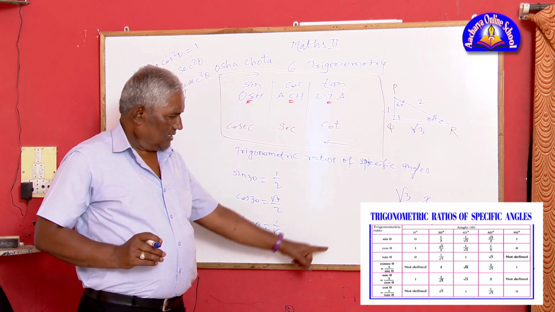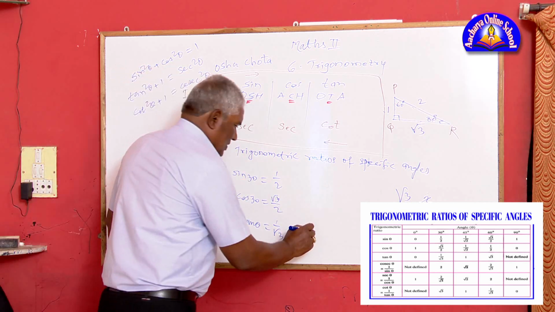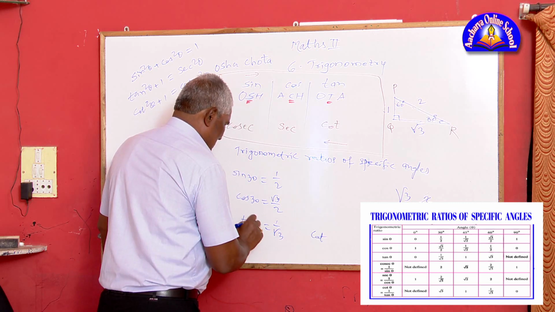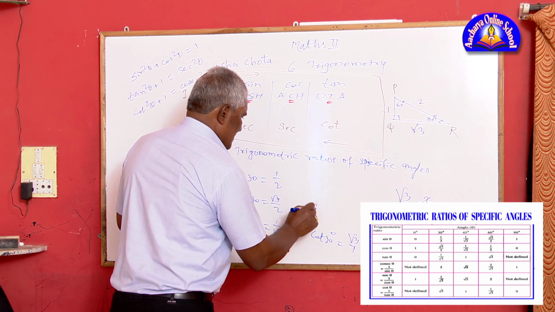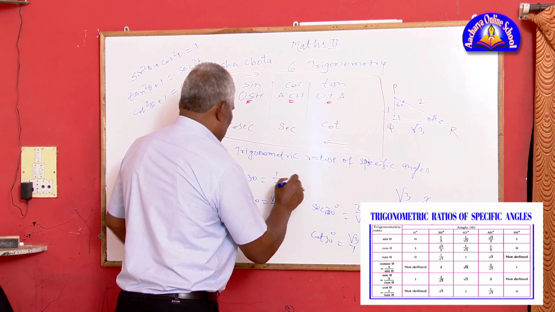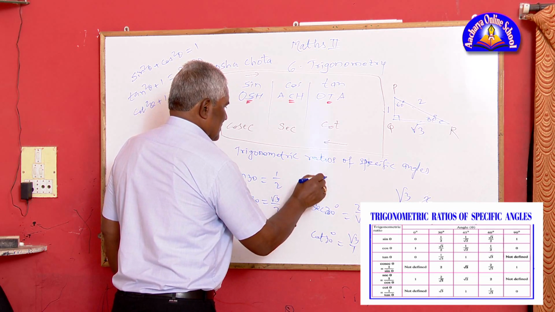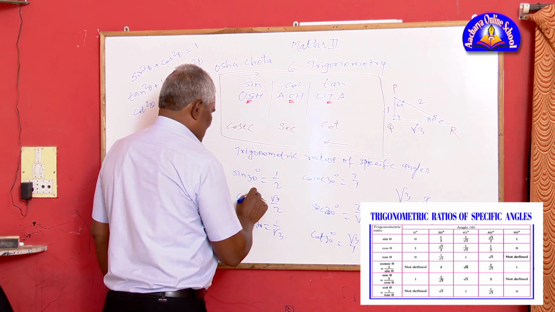Here you only have to turn them upside down, and you get their ratios. Cot 30 is equal to root 3 upon 1, sec 30 is equal to 2 upon root 3 and cosec 30 is equal to 2 upon 1.